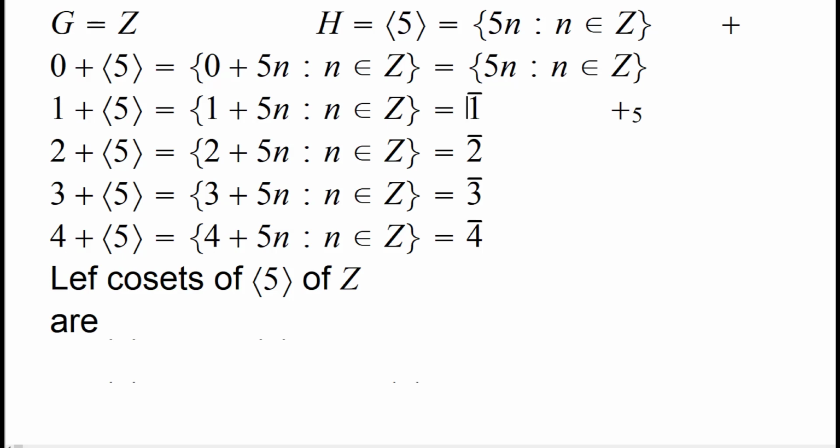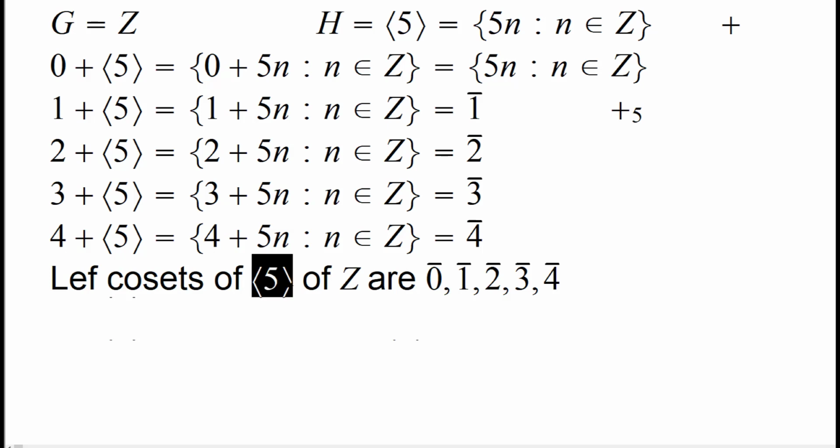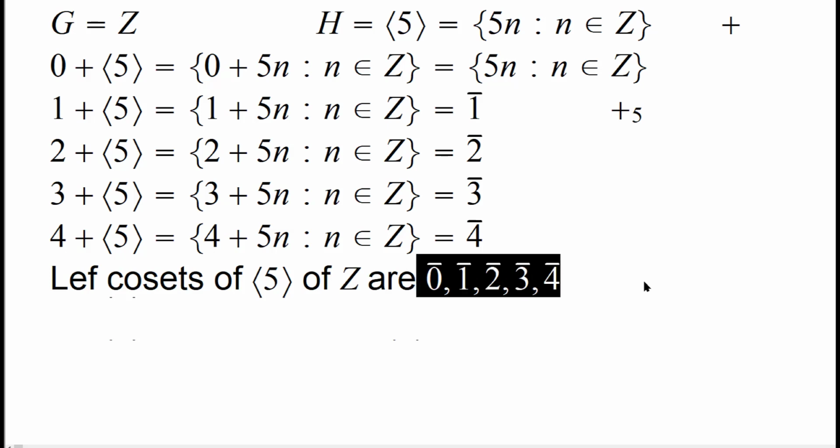Okay, so they, which are again the left cosets of this subgroup of multiples of 5, are these equivalence classes, modulo 5 for 0, 1, 2, 3, 4, and then they repeat.